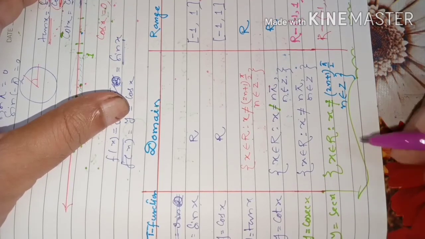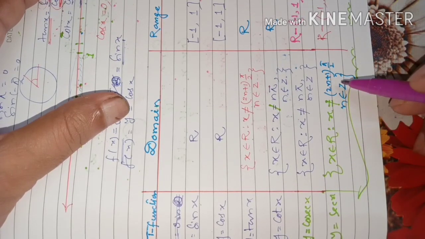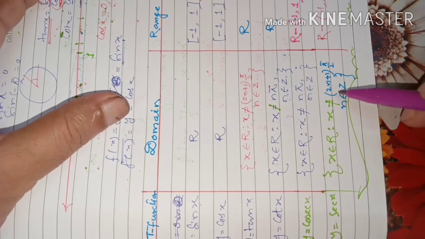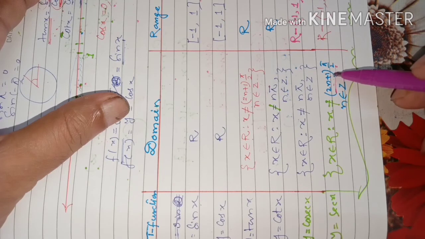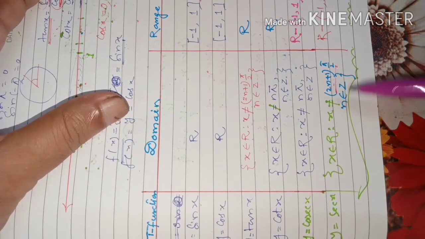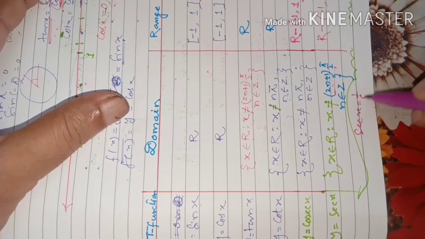Sec function's domain will be all real numbers except where cos is not defined. Sec is not defined for these angles: (2n+1) times pi/2, meaning odd multiples of pi/2, because sec x is 1 by cos x.